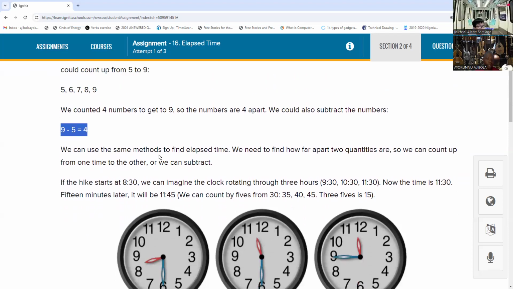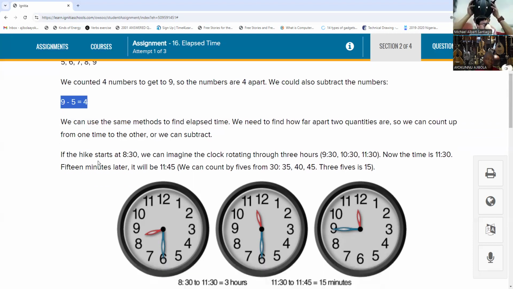So we can use the same method to find elapsed time. We need to find how far apart two quantities are, so we can count up from one time to the other, or we can subtract. If the hike starts at 8:30, then we can imagine the clock rotating through 3 hours. 9:30, 10:30, 11:30.